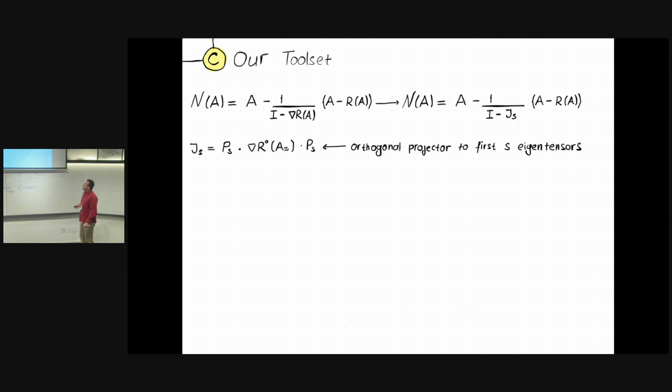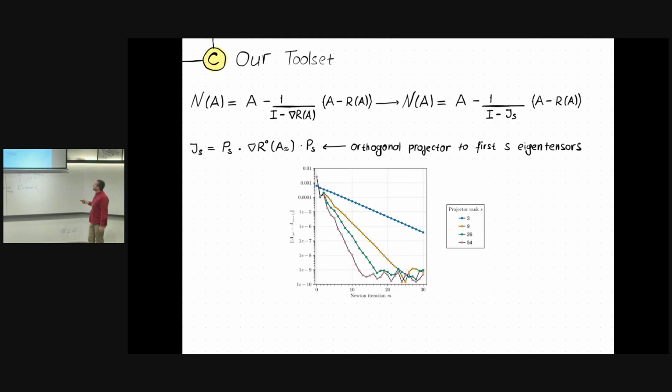Another small simplification, which I think will be very useful for us in the future when we manage to prove the existence of the fixed point, is that we can replace all this with just an approximation of the Jacobian, and it will still work. And we checked it numerically. It works beautifully. We got the fixed point to the precision 10 to the minus 9, which is the best precision anyone ever had.